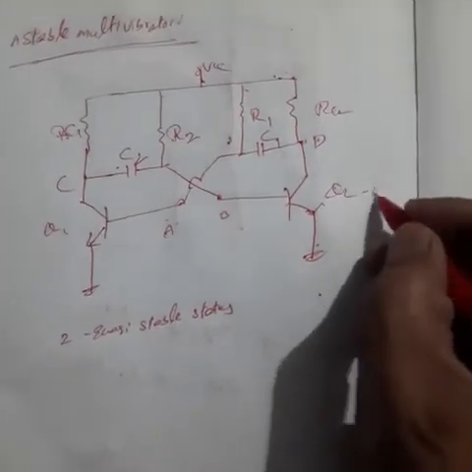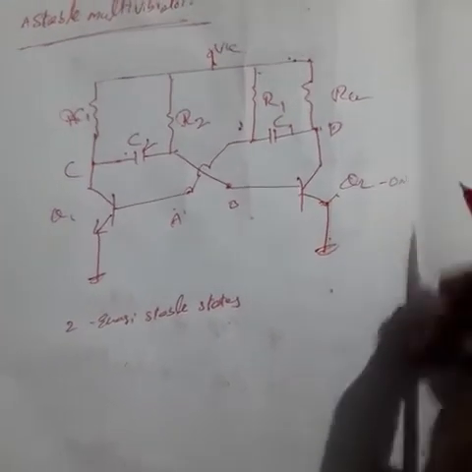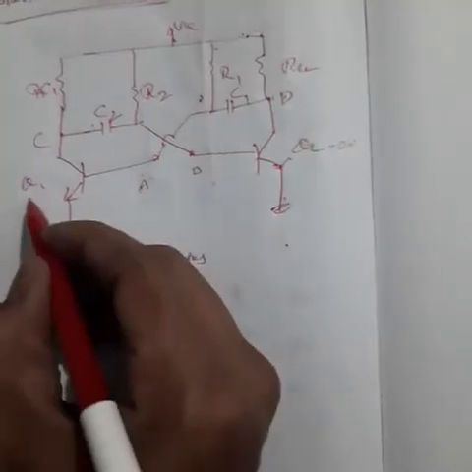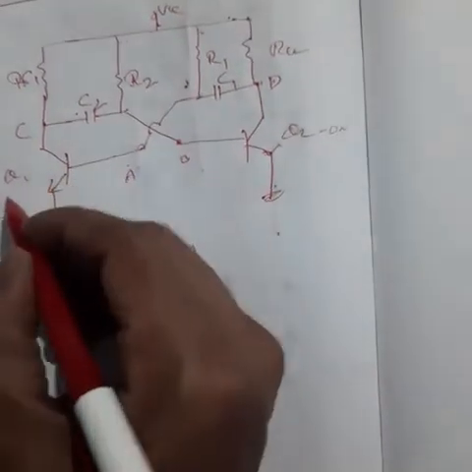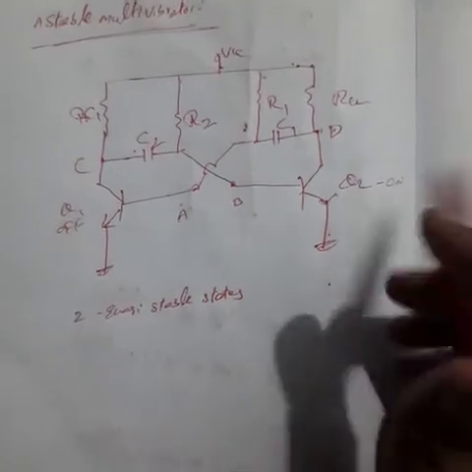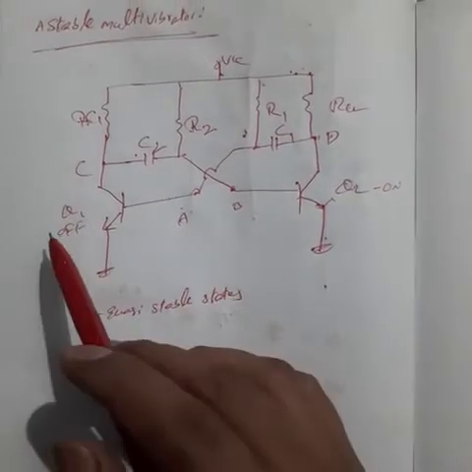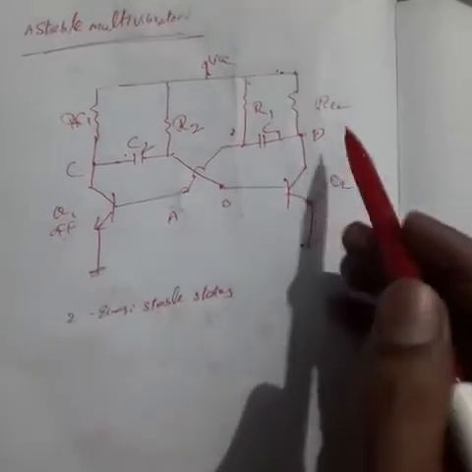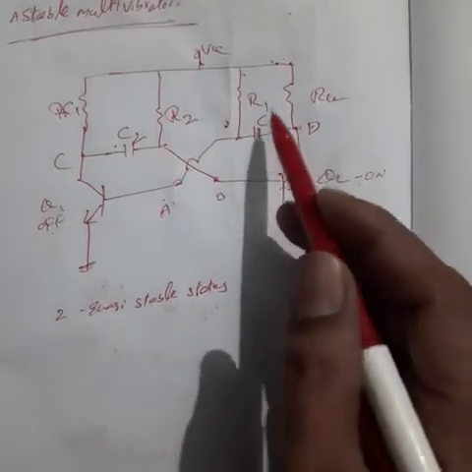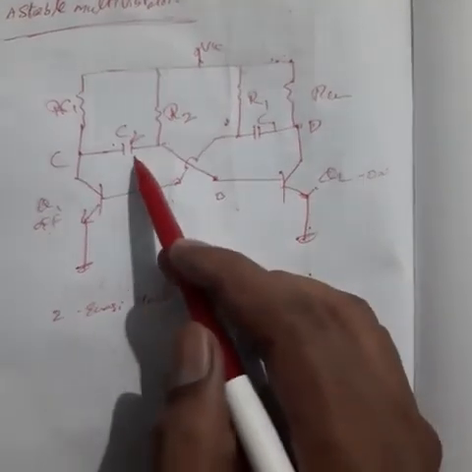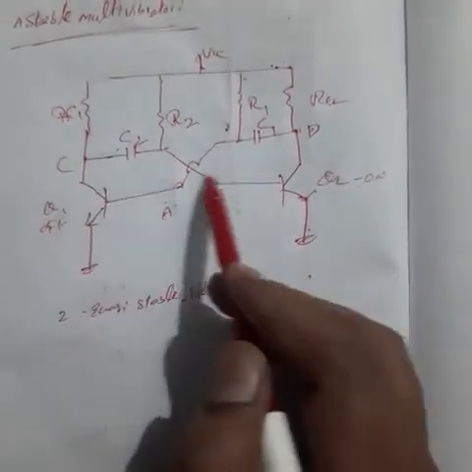Suppose let us assume Q1 is on. If Q1 is on, automatically Q2 is off. First, let us assume this is the initial condition: Q2 is on, Q1 is off. At this condition, capacitor C2 becomes charged through this path.